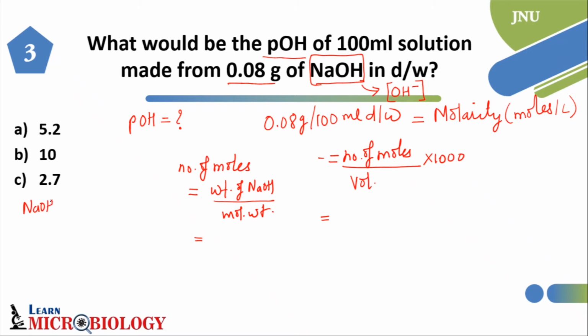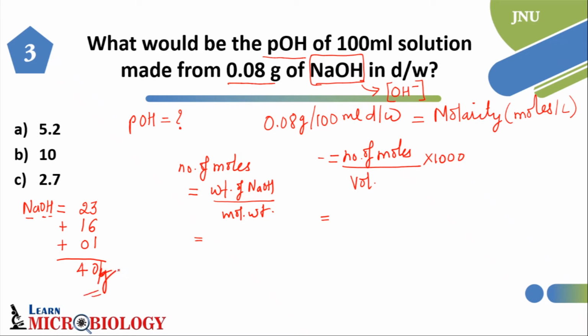For that we have to add all the individual atomic weights of sodium, hydrogen and oxygen. So sodium it is 23, for oxygen it is 16, and then for hydrogen it is 1. So if you add this, it will total to 40. So 40 grams, right?